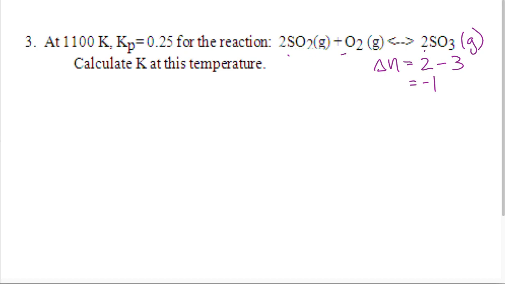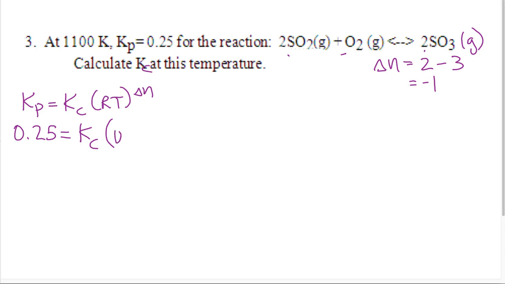All right, so I'm going to calculate. I'm going to find K. Since they didn't list anything, we assume it's KC. And they gave us KP, so I'm converting to the delta N. So KP is 0.25. I'm solving for KC.